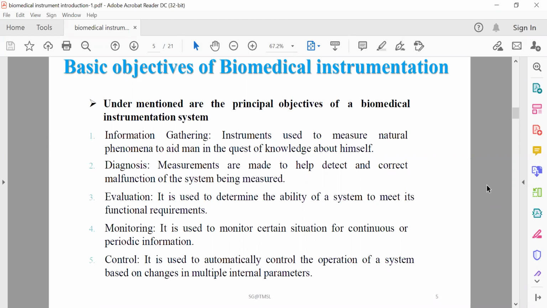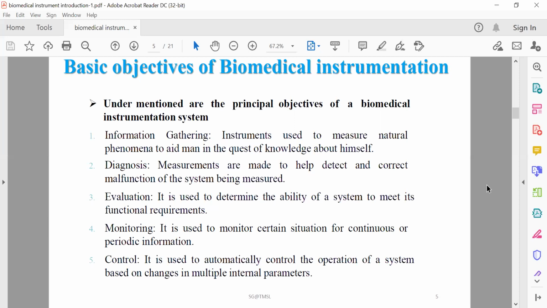The fourth objective is to monitor. Instrumentation helps in monitoring some process or operation in order to obtain continuous or periodic information about the state of the system which is being measured.